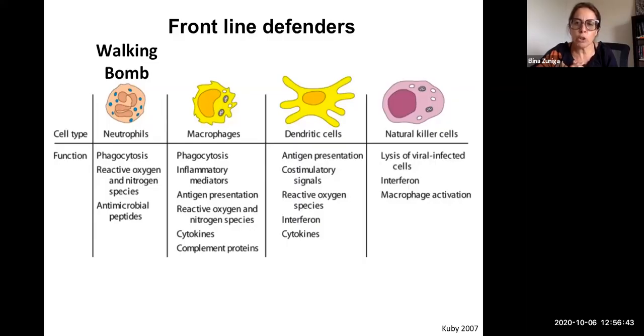And it's basically, they will release their nuclear content, so the DNA that is inside the nucleus, and they will form a net to limit the spread of extracellular bacteria.